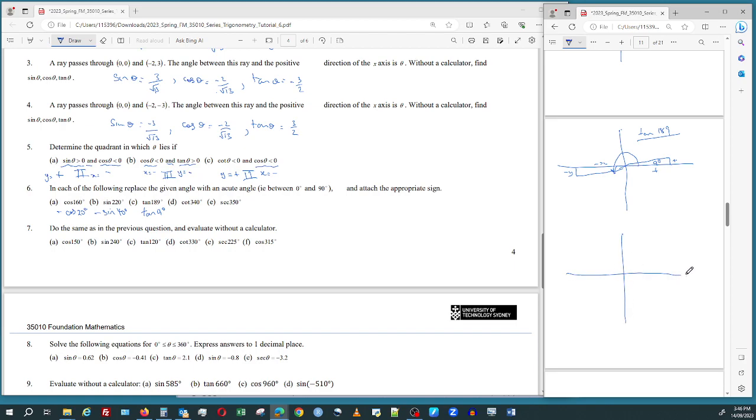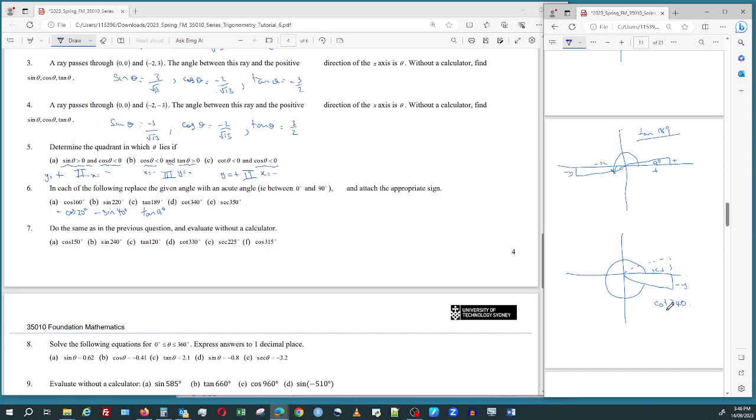Now 360 is all the way here, so it's something like this, which means it goes all the way around here. And guess what it's got? It's got an equivalent triangle here in the positive. So what we've got here is a negative y, and we've got a positive x. A negative y and a positive x, and that gives us cot 340.